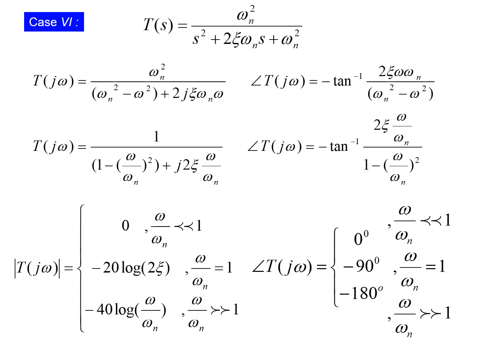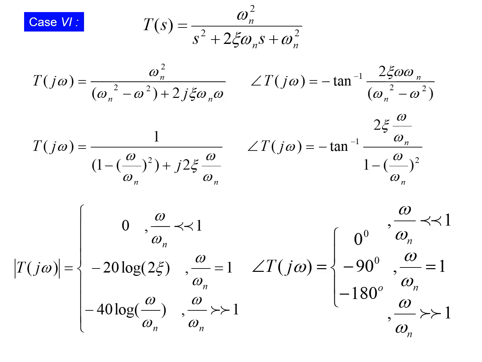Okay, it is case 6. T(s) equal to omega n square per s square plus 2 zeta omega n s plus omega n square. This is the prototype of second order system.